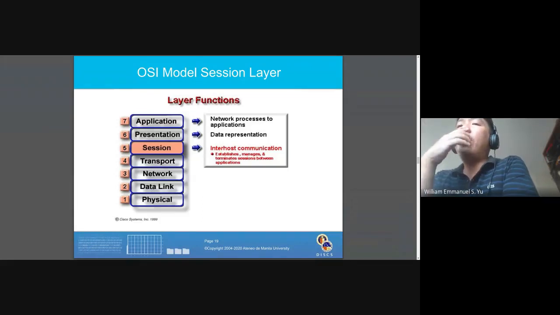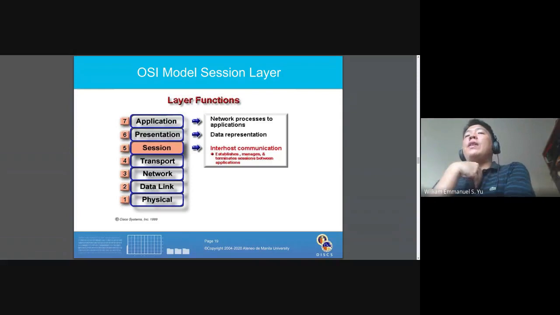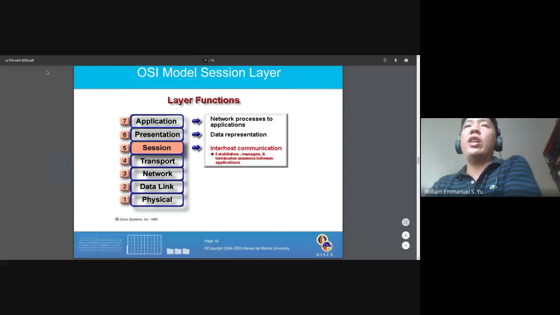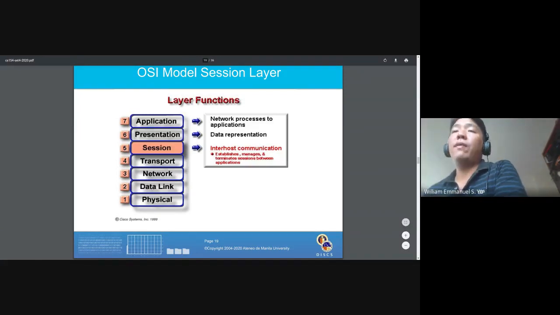Now, session layer can get complex because it can also include things like encryption. For example, you visit a website, say mobile banking or internet banking, and gusto mo secure, right? So you look at the HTTP connection and you actually see if it's secure, right? That interaction, the interaction to determine if the connection is secure or not, and that you're really viewing the website that you intend to view, that is handled by the session layer.